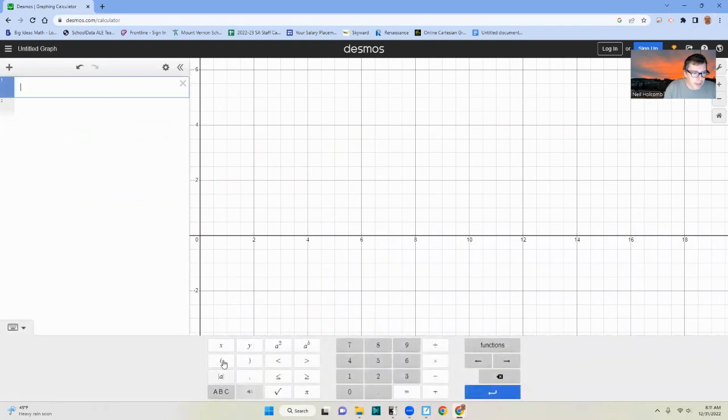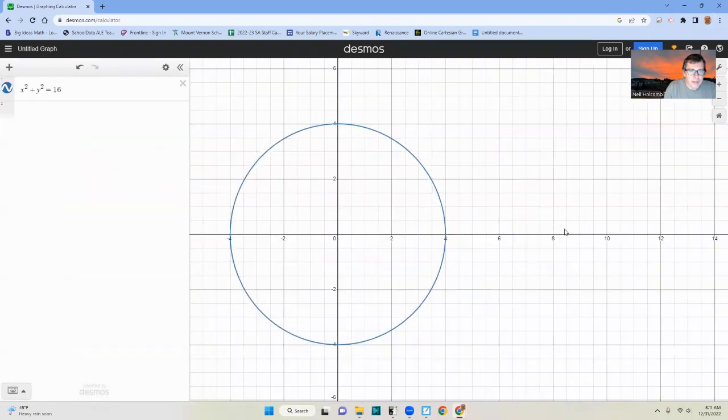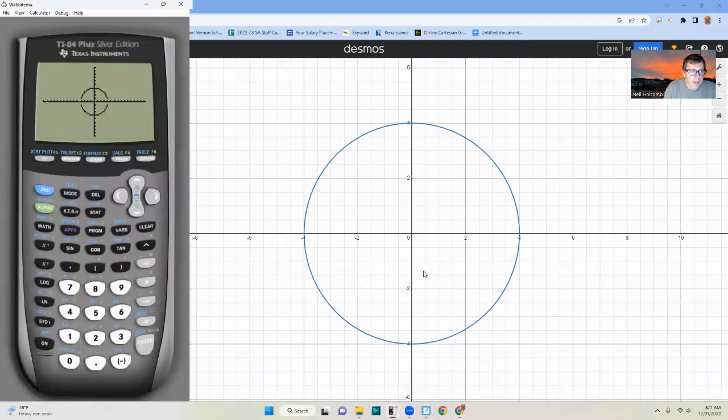All right, so there it is. Same as my graph in the calculator here, but it's easier to see on this screen. So here is a circle centered at the origin, and it says identify the radius and the intercepts.